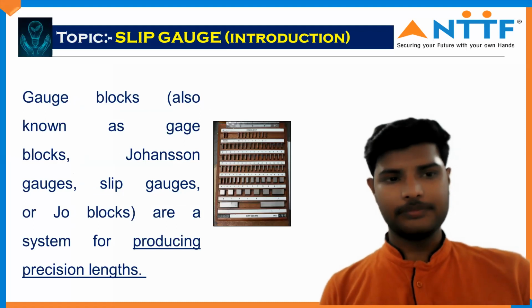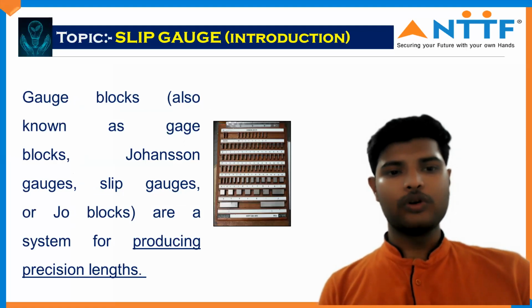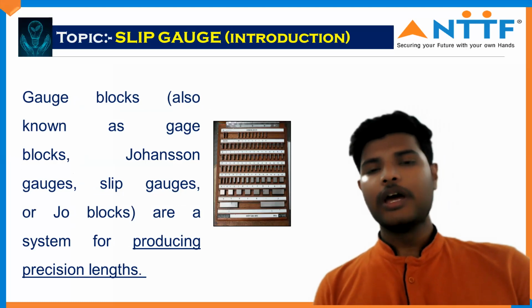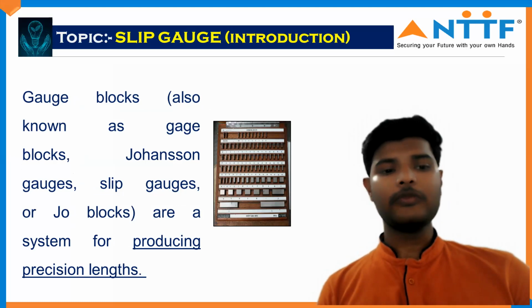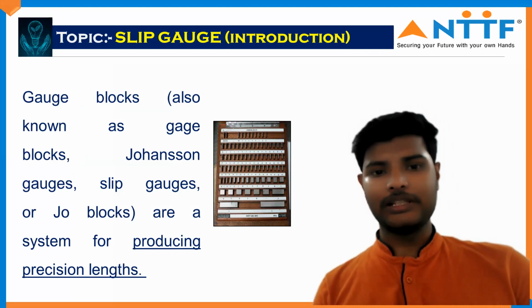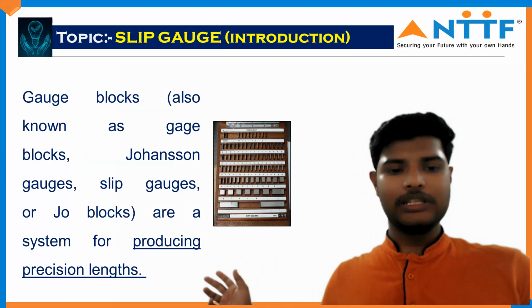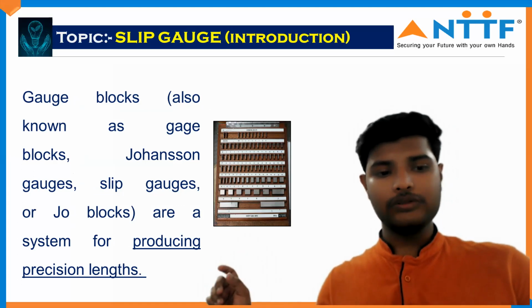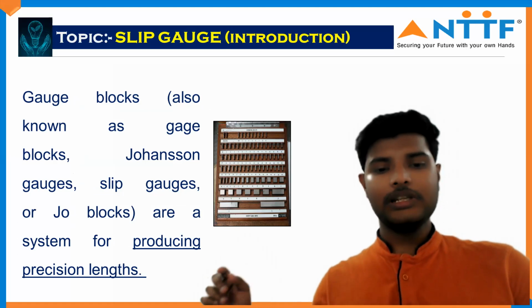Introduction about slip gauge. Gauge block, also known as Johnson's gauge, slip gauge, or Joe block, is a system to produce specific lengths. As we can see here, I have underlined the words producing precision length.